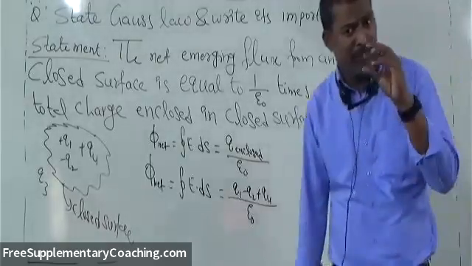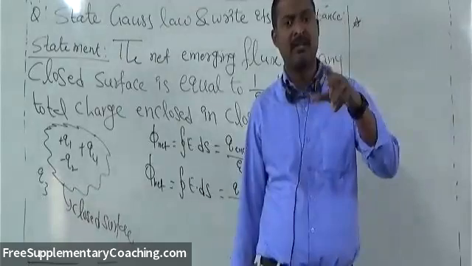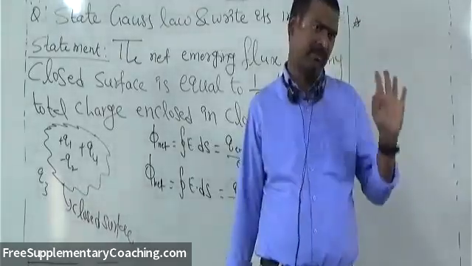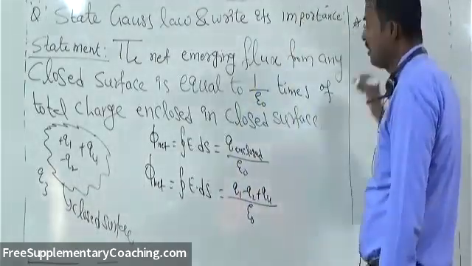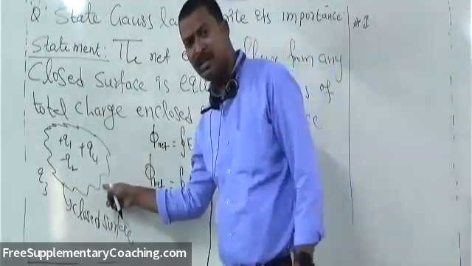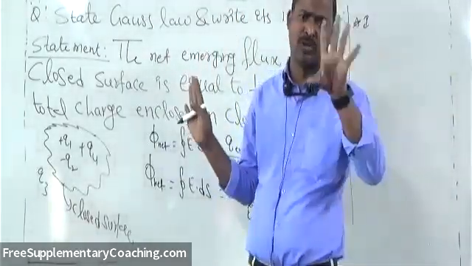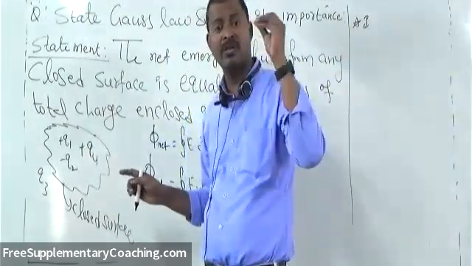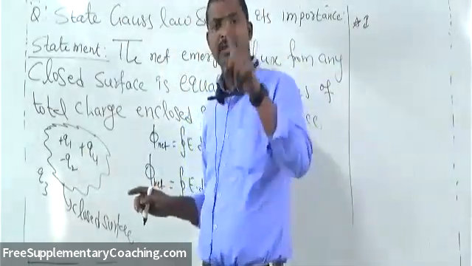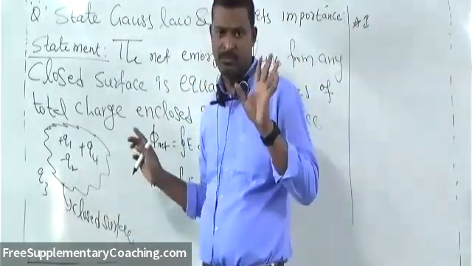it can be valid for any kind of closed surface, for any shape and size. ये जो क्लोज सरफेस है ना, कोई भी शेप हो सकता है, बट इट शुड बी क्लोज होना चाहिए. उतना ही कंडीशन है, क्लोज होना चाहिए. और वो कोई भी साइज भी हो सकता है, शेप भी कोई भी हो सकते हैं और साइज भी कोई भी हो सकता है, but it should be closed.